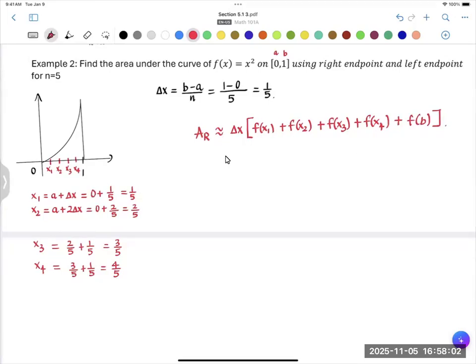It's just for me to show you how I put that in. So now my delta x is 1/5. So I have f(1/5) for x1, and then f(2/5) for x2, f(3/5) for x3, and so on.